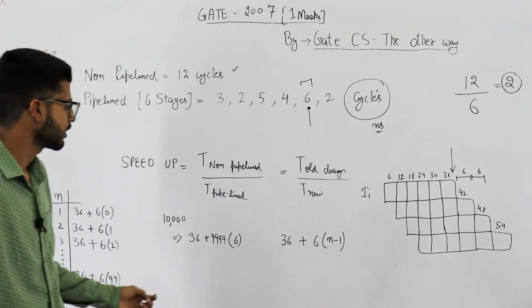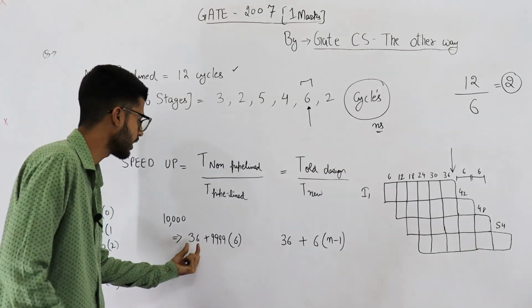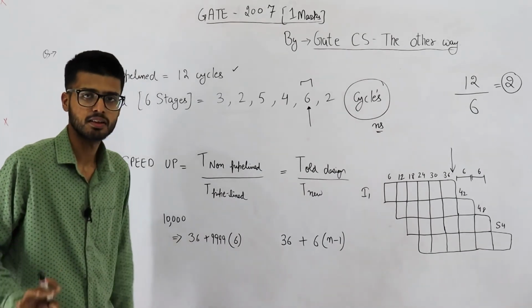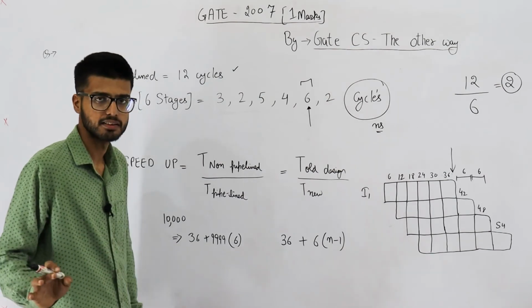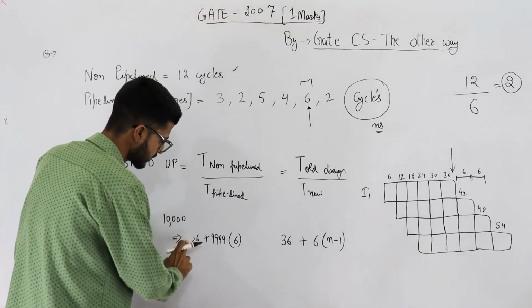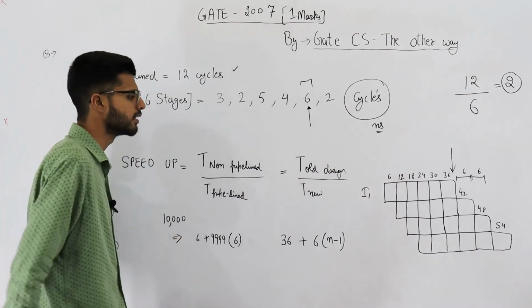Now, you can notice this number is very large as compared to 36. So, you can easily consider this 36 as negligible, or you can consider this 36 also as 1.